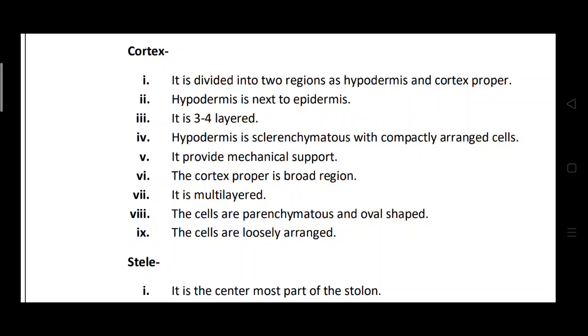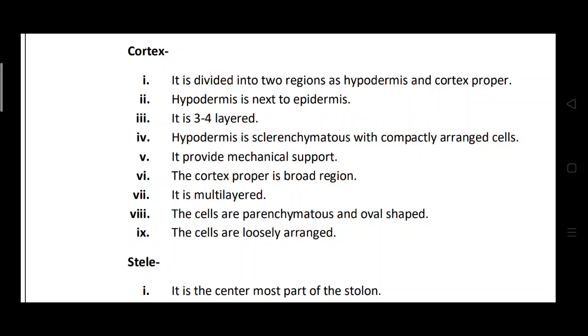Then there is the large or broad cortex region. The cortex region is multi-layered and the cells of the cortex are parenchymatous and oval shaped. All these cells are loosely arranged and have intercellular spaces. So this is all about the cortex region.